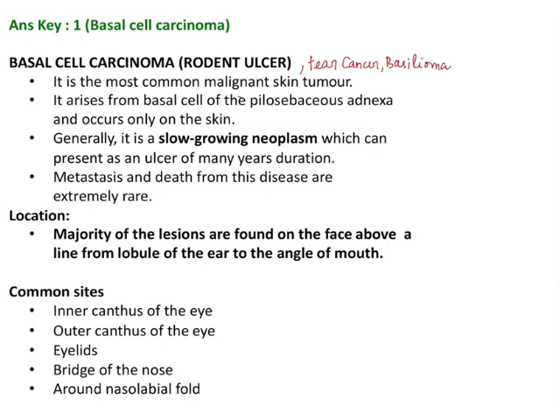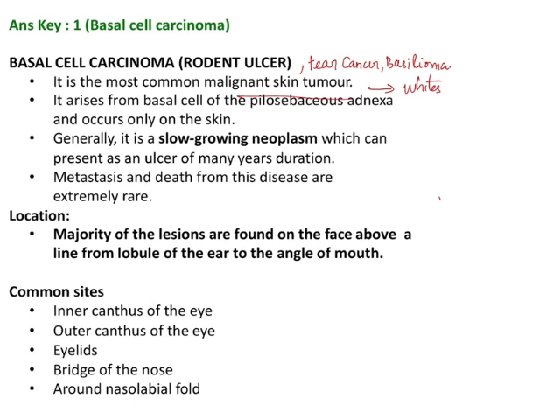It's the most common malignant skin tumor, predominantly among the whites. Okay, white population. It arises from the basal cells of pilosebaceous adnexa. Generally, it's a very slow growing neoplasm, right? And it is curable. It is one of the most curable skin cancers.